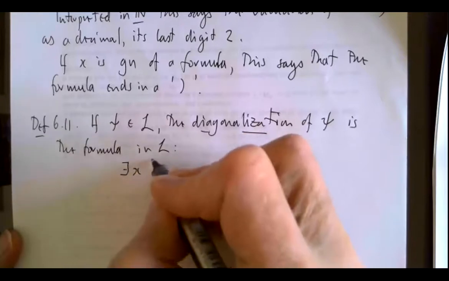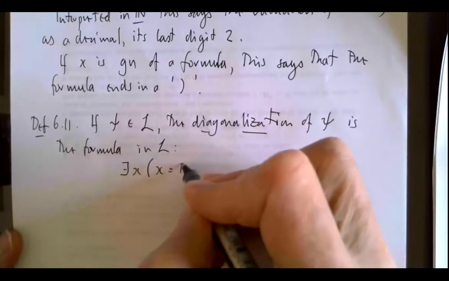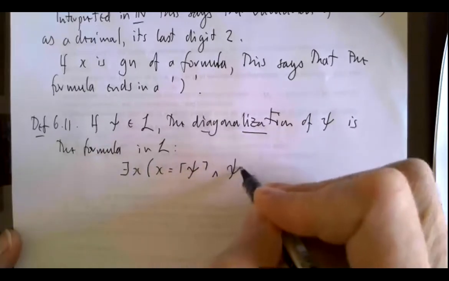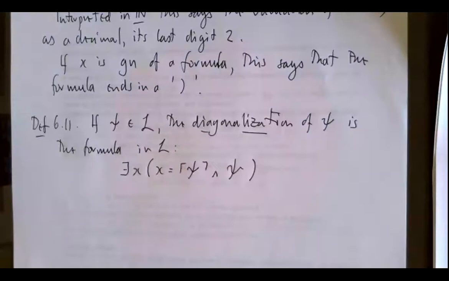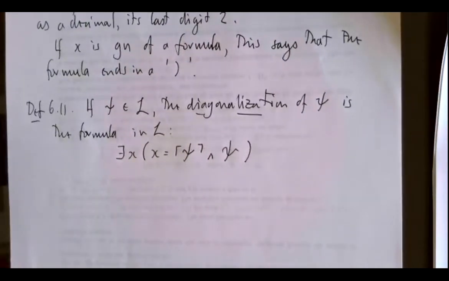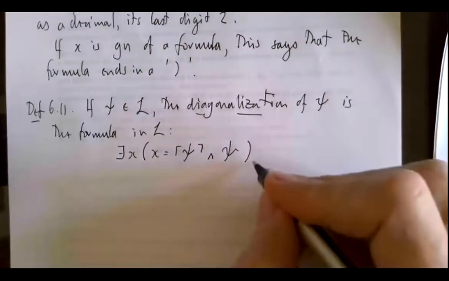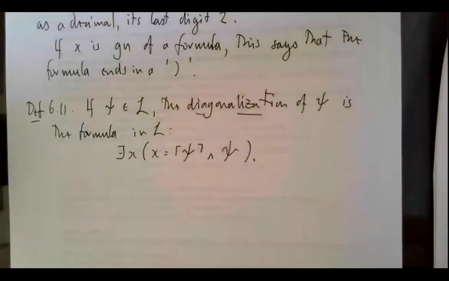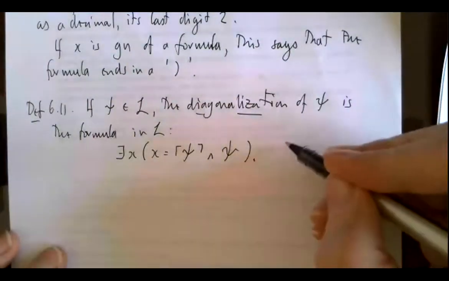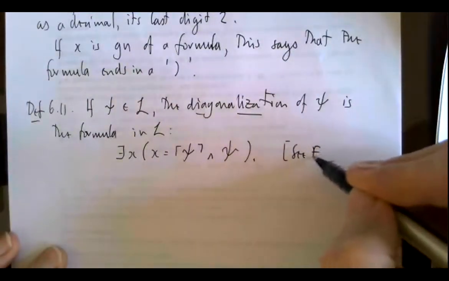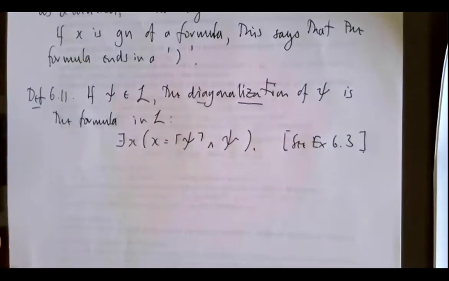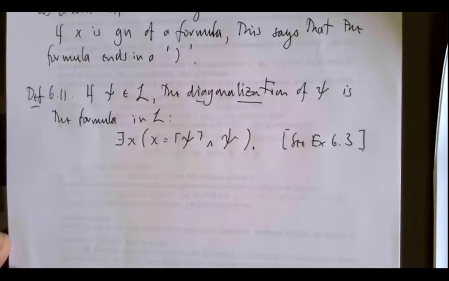It just says there exists x such that x is the code number of Psi, and also Psi holds. So it looks a little strange at first. I would urge you to look at exercise 6.3, which perhaps helps to understand this a little bit.